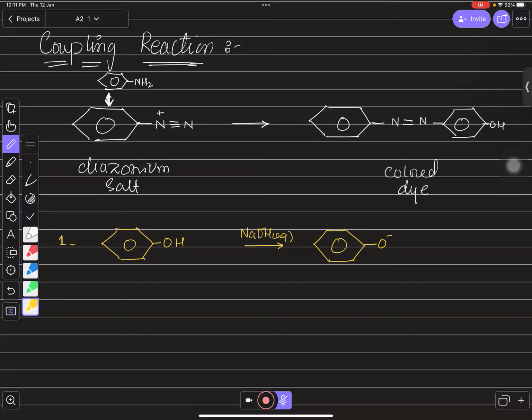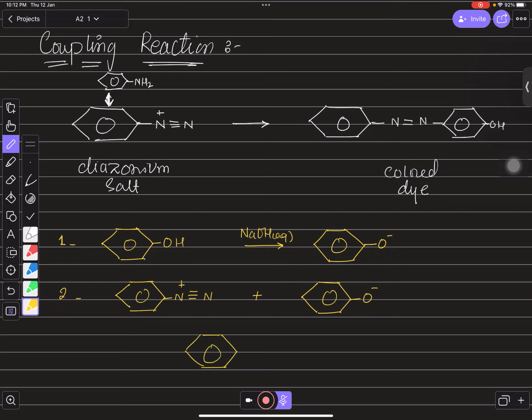Once you did this, the second part is the diazonium salt, which is like this. This phenoxide and the diazonium salt are going to react together. When they react together, they will form azodye, like this.